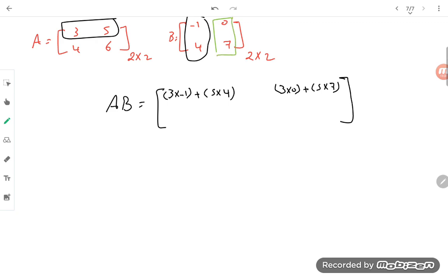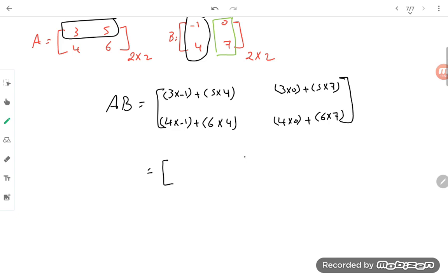Now we are going to move to the second row. It will be 4 multiplied by -1 plus 6 multiplied by 4. And with respect to the second item, it will be 4 multiplied by 0 plus 6 multiplied by 7.